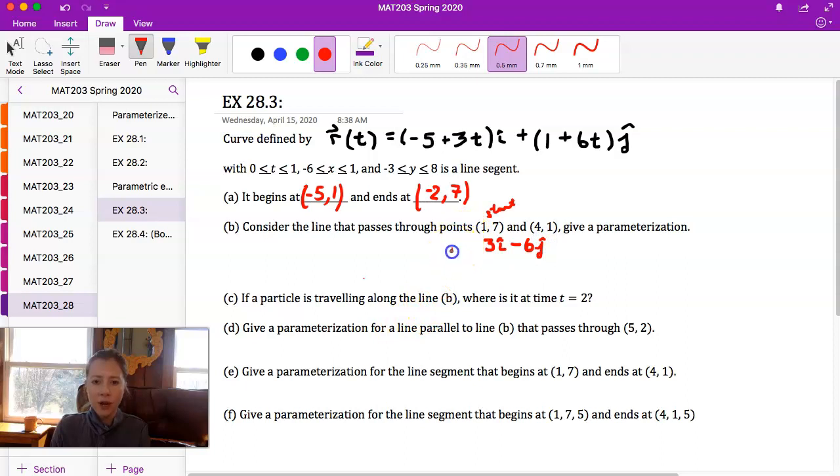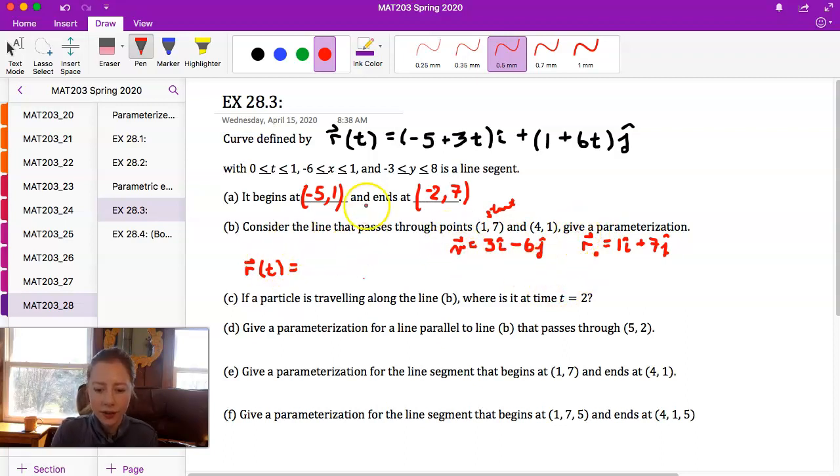So this is going to be the direction vector, this v. Remember, our position vector is going to be our starting point. So that's 1 i hat plus 7 j hat. And so remember, when you write out a parameterization for a curve, it's going to be this vector r naught plus vt.